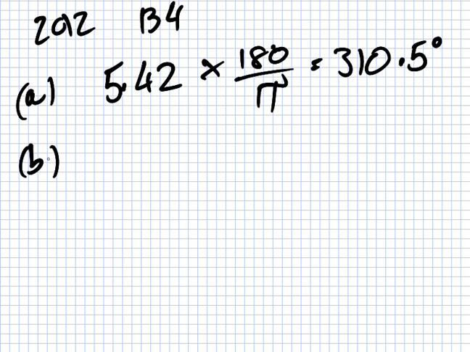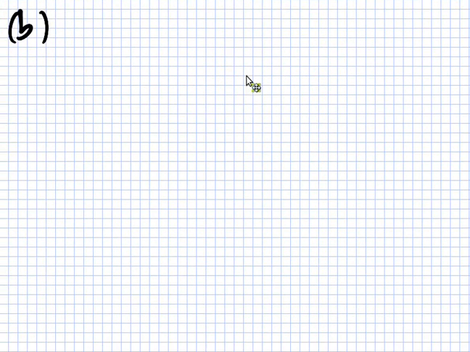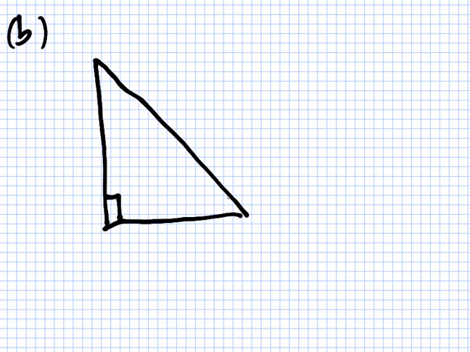Okay, part B, we have the practical trigonometry problem, so let me try my best here to redraw it. We want to find this height here. This is a right angle triangle. And then we have another triangle here.